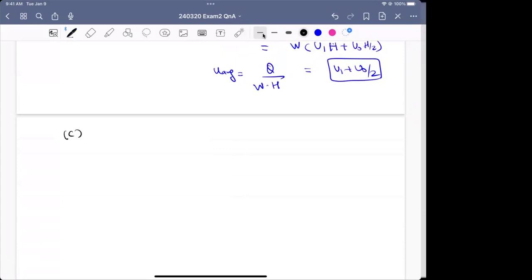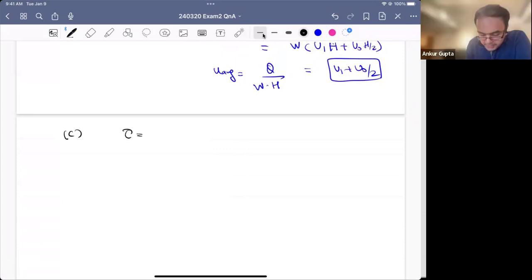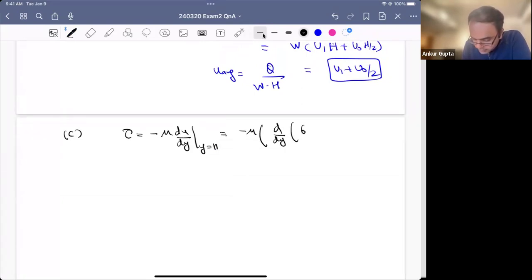It's the top plate. Okay, so the top plate has a negative sign. So it's mu du by dy at y equal to h, which is minus mu d by dy. Again, it's 6u1 into (1 minus y square by h square). I just have a habit of writing it as y by h minus y square by h square, plus u naught y by h.